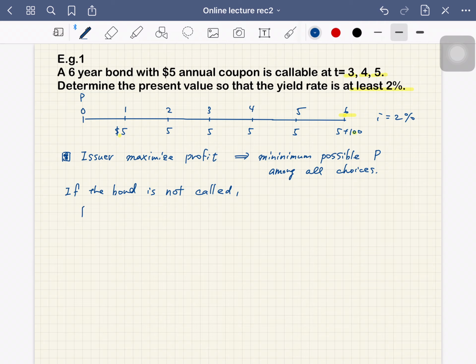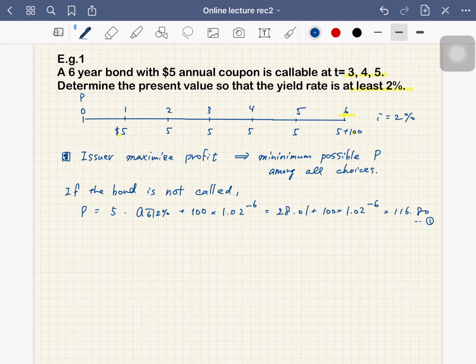So P is equal to 5 times a-angle-6 at 2% plus 100 times 1.02 to the negative 6. So this is equal to 28.01 plus 100 times 1.02 to the negative 6. So this becomes 116.80. Okay, so this is 1.